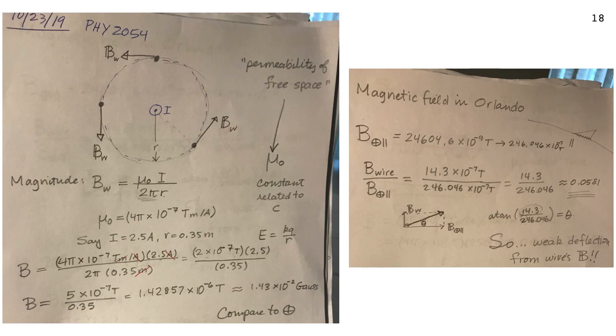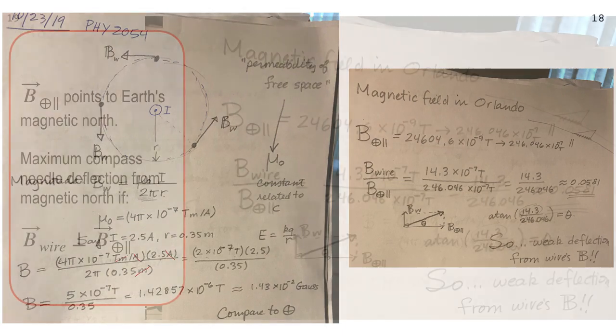And who gets an angle for that? Give me the nearest degree of deflection. And you're going to be doing another. Can you go to the second page now? Good.